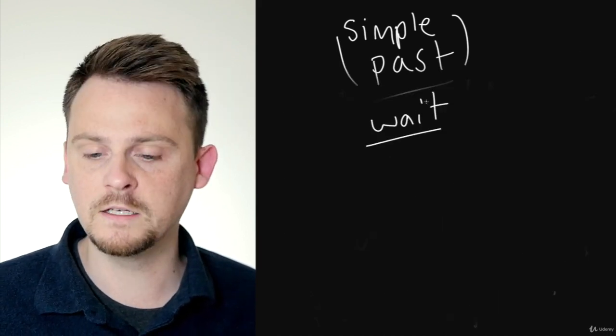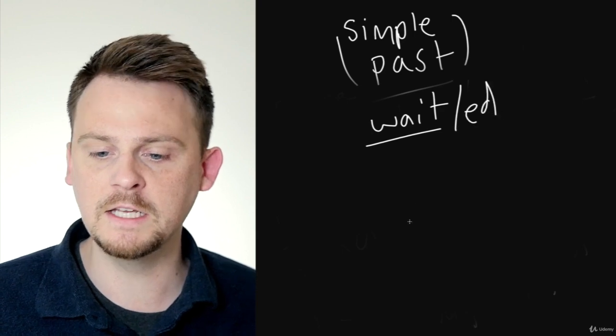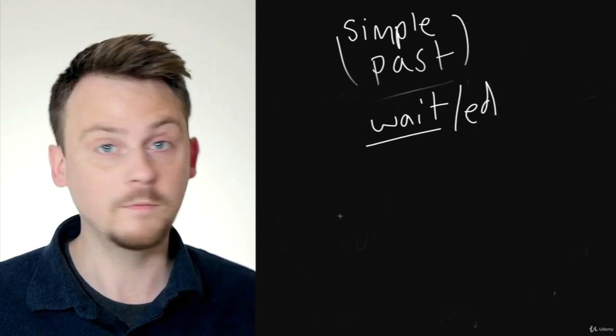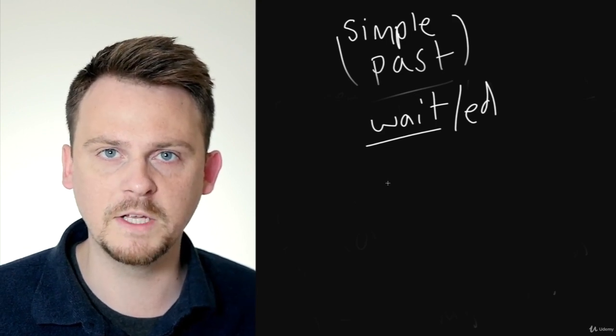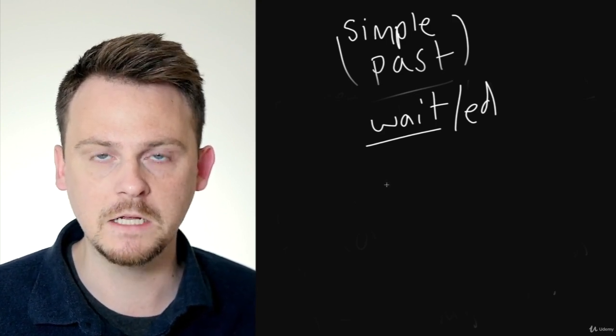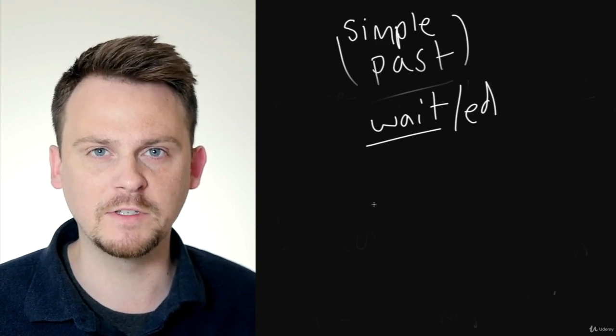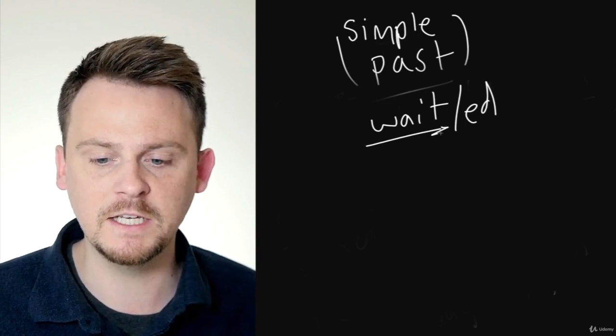Let's just do one more really quick example. Wait. All right, that's a regular one, that's ed. But with this one, pronunciation, we don't say waited or something like that. We say waited. It's very clearly pronounced as id because of the T sound.